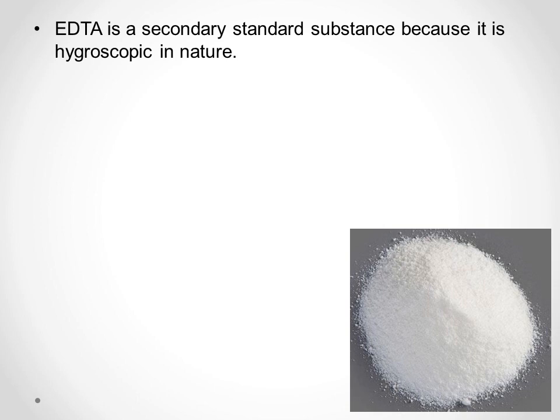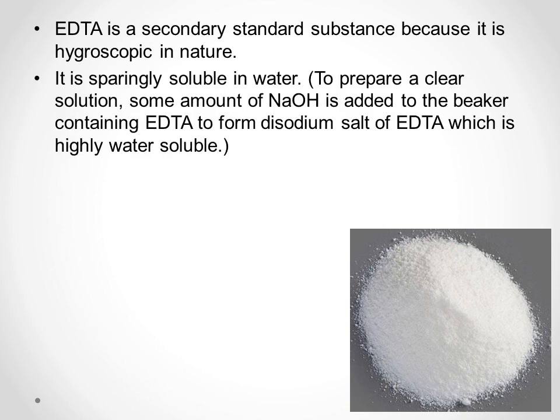It has to be dried in an oven at about 140 degrees centigrade for 2 hours before weighing. It is sparingly soluble in water, so its aqueous solution is not clear.